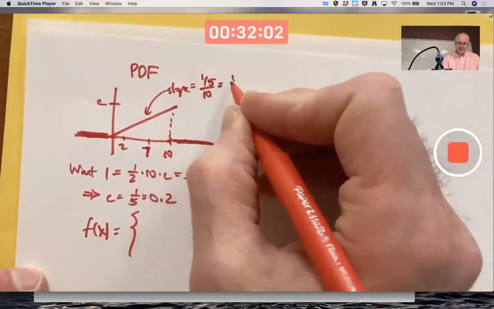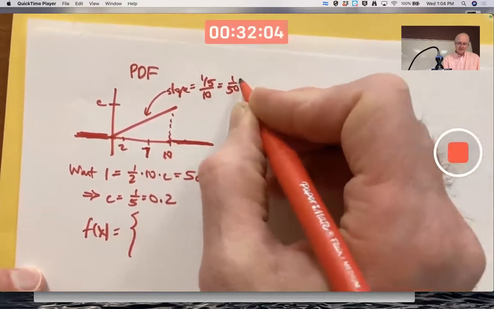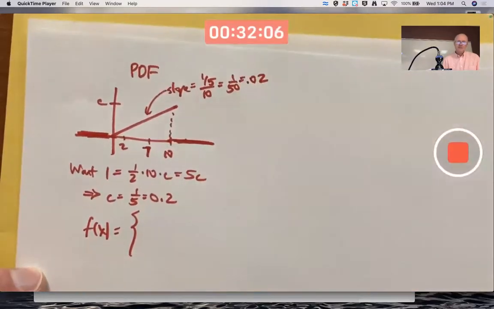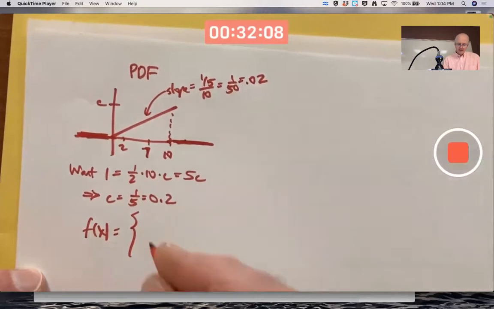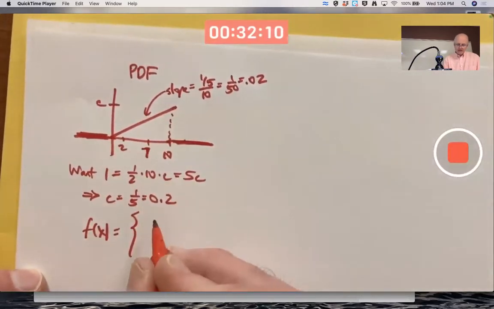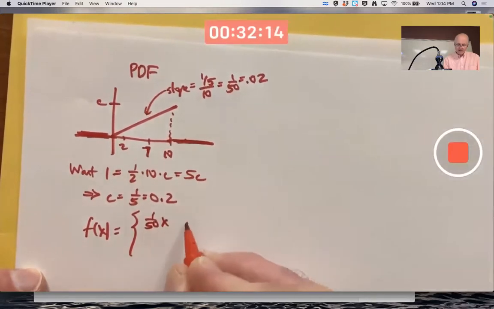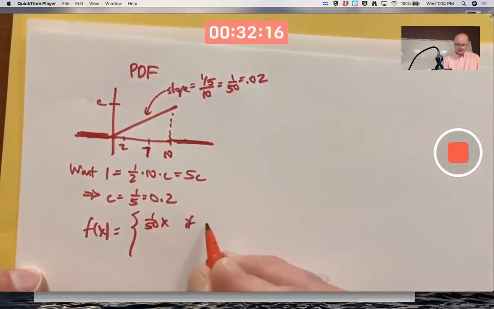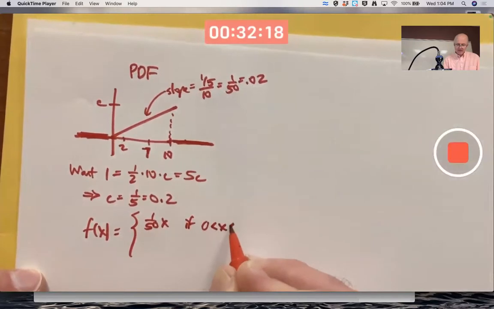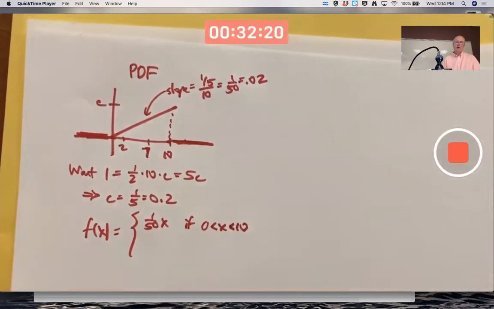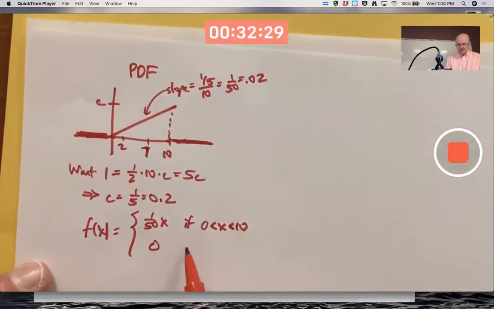The slope is 1/50th, 0.02. So the formula when x is between 0 and 10 is going to be 1/50th times x. And again, it doesn't matter whether I use strict inequalities like this or non-strict. It doesn't matter whether I use less than versus less than or equal to. It's certainly 0 otherwise.